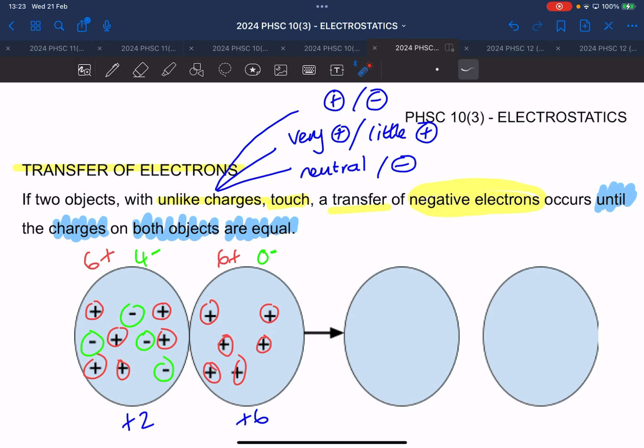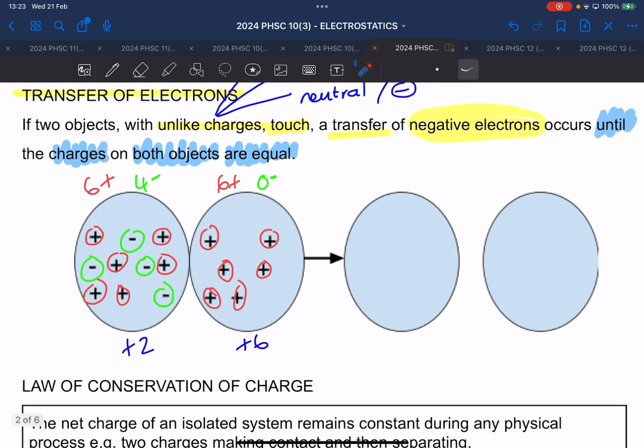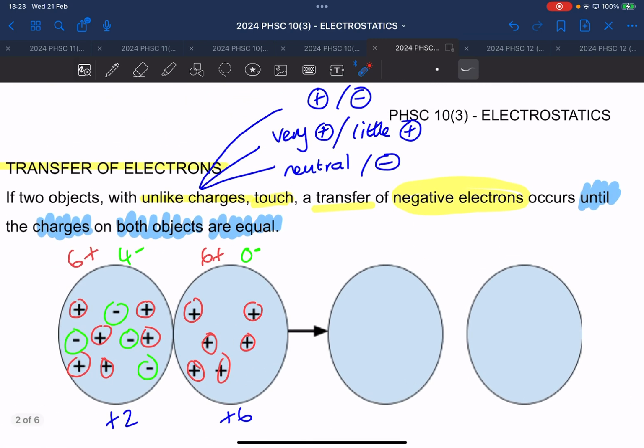Yes? Okay, now, Karabo, from where to where will the electrons transfer? So, let's say this is A, this is B. Will it transfer from A to B or B to A? From A to B. Why? Because it has more negative things than what B has. B has nothing to transfer.